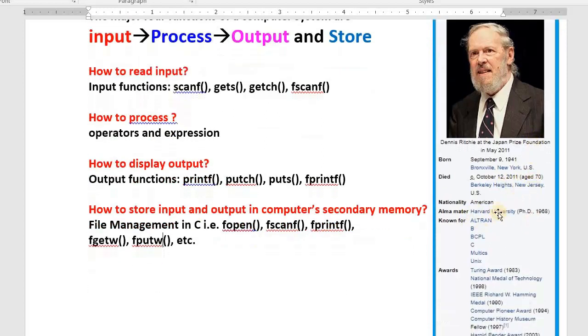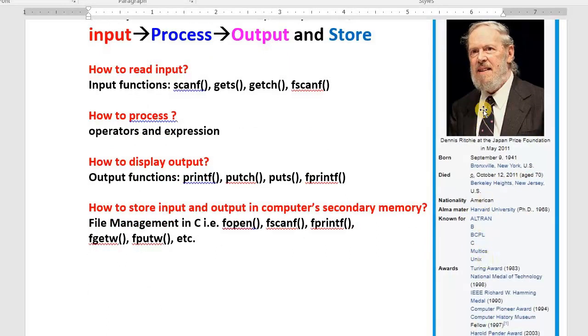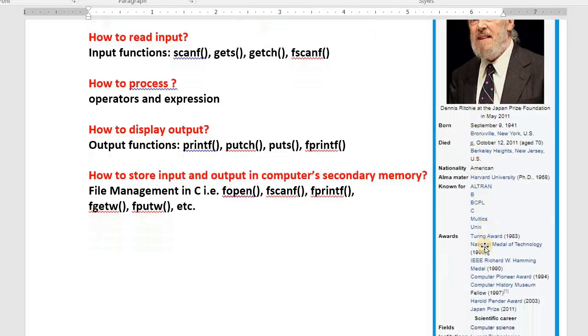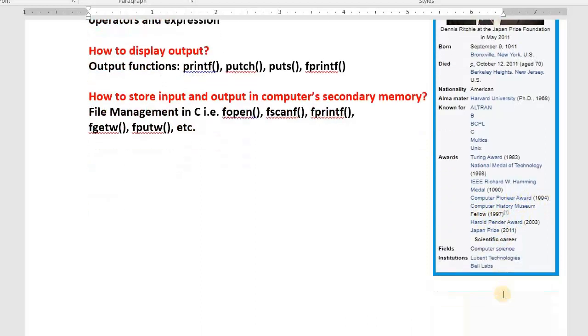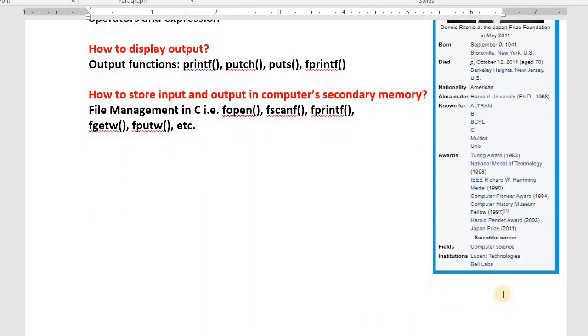Known for Ultron, B language, BCPL language, developer of C language, Multics, Unix. Awards: Turing Award, National Medal of Technology, IEEE Richard W. Hamming Medal 1990, Computer Pioneer Award in 1994, Computer History Museum Fellow 1997. You can see the achievements of the respected Dennis Ritchie also.